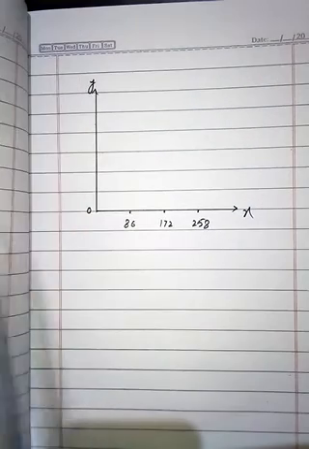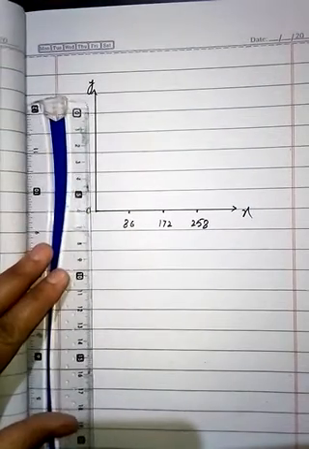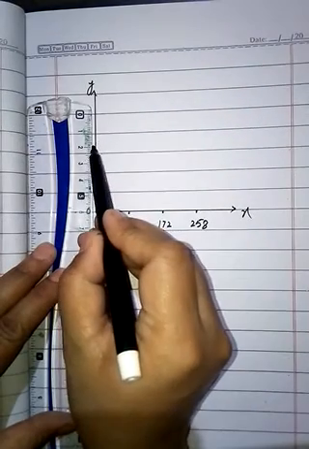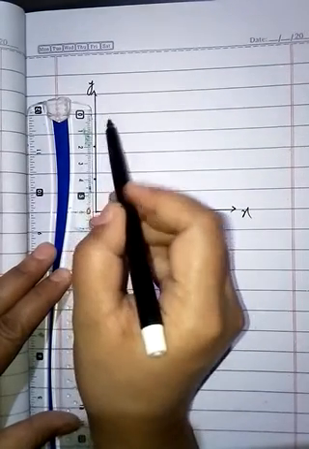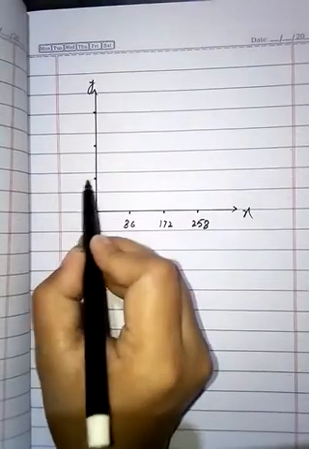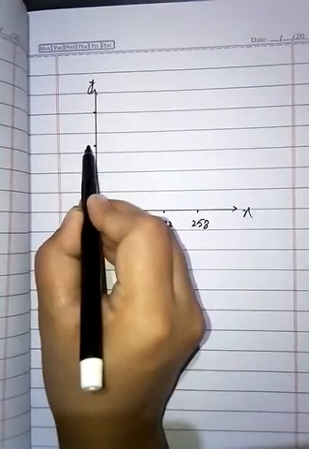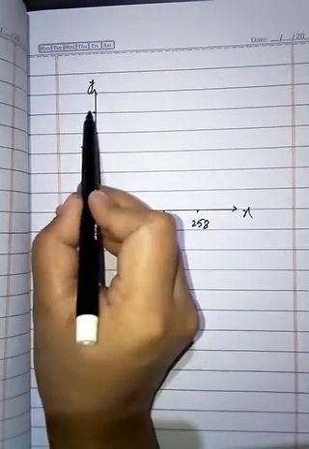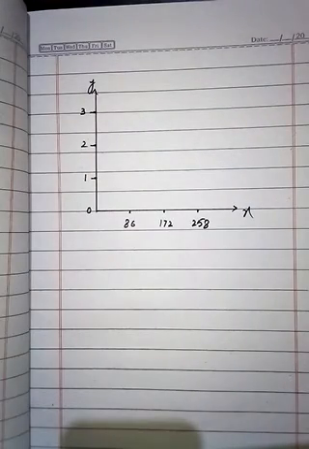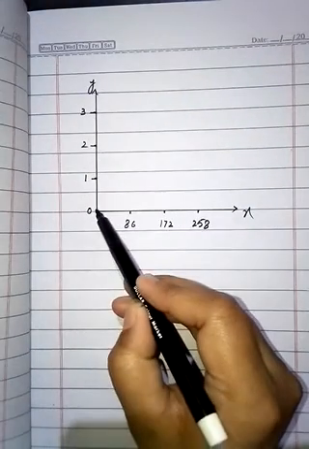Now you have to take the same gap here, 2 centimeters. Next, you have to take 3 values on y, 0, 1, 2, then 3. Now at x equals 0, y is also 0.